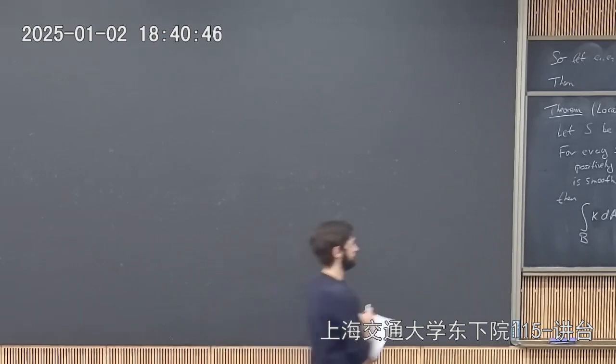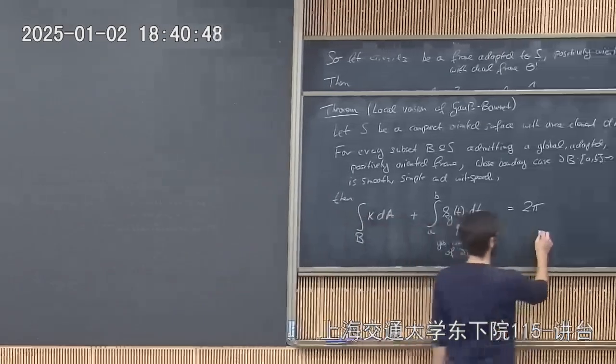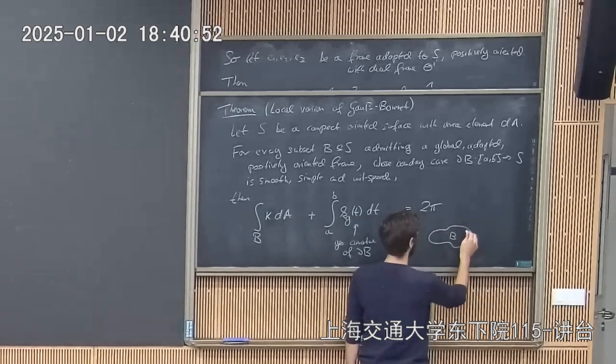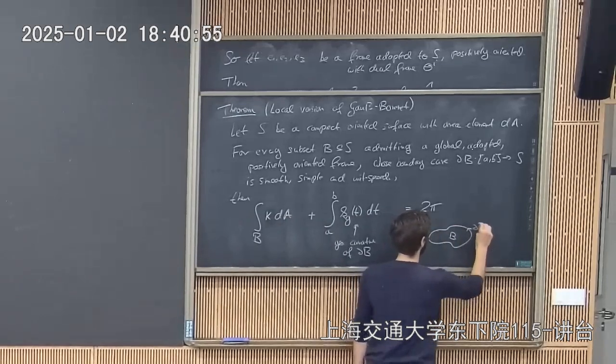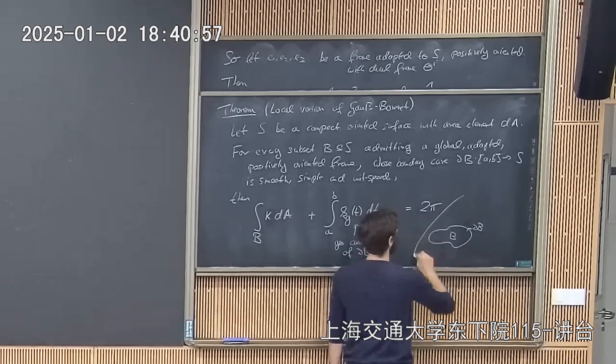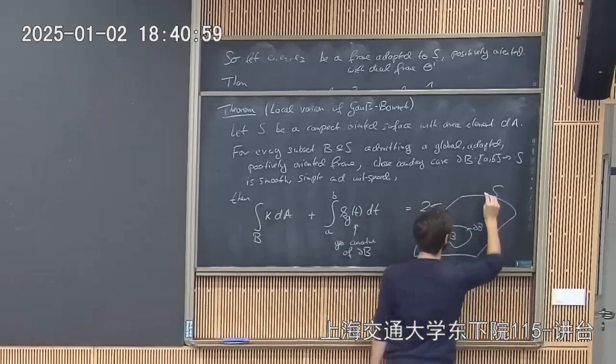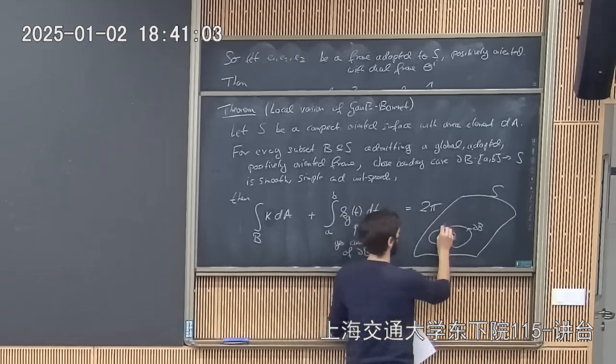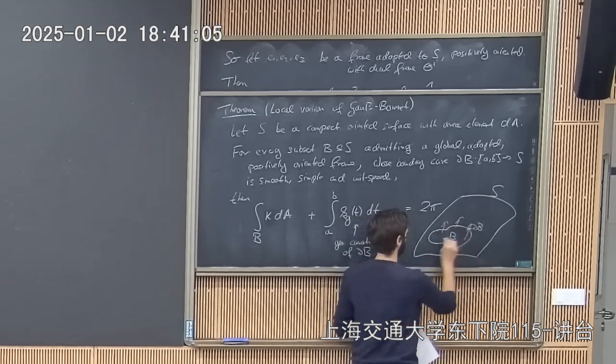So the picture is that you have a small B sitting inside. You walk around it counterclockwise, say, in your whole surface. And on B, you have a nice frame that is defined everywhere.